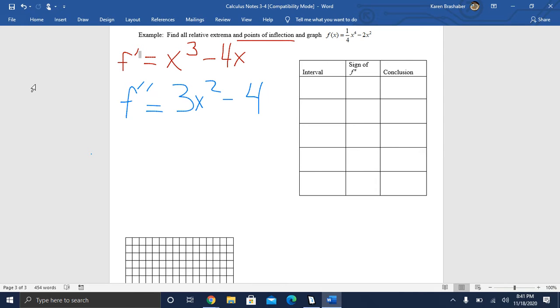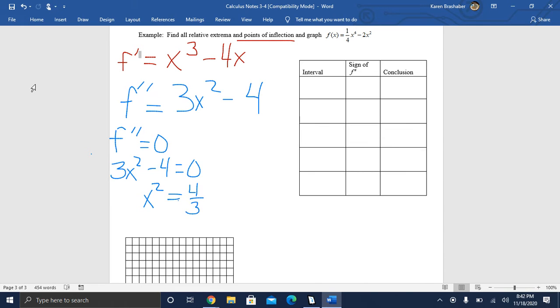To find your points of inflection, we will look first of all for where f double prime is equal to 0. And so 3x squared minus 4, setting that equal to 0, you could add 4 and then divide by 3 and get x squared equals 4/3.